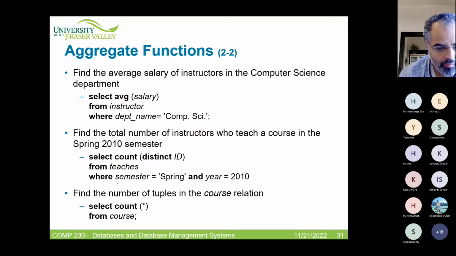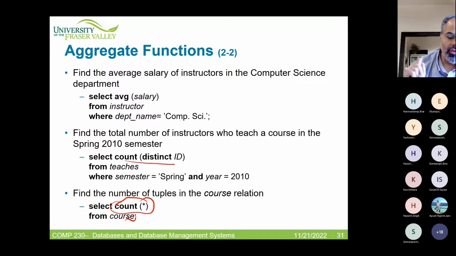And here I said select count star from course, so in this case I will get the whole number of tuples in this table. So either I can use an aggregate function with a condition by selecting special tuples to apply it on, or I can use count distinct to ignore duplication, or I can just count the whole list of tuples, rows or records in this table.